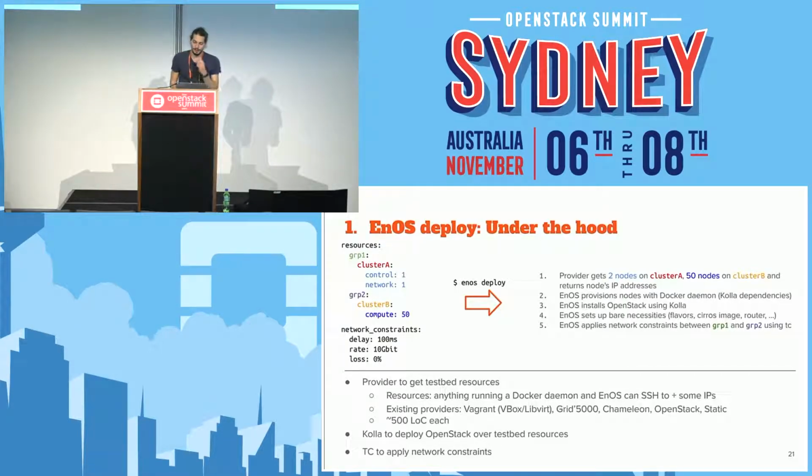A provider describes the internal mechanism that enables EnOS to get the 2 nodes here and the 50 nodes there. Providers return the list of the IP addresses of each node in order to be used for the next steps. After that, EnOS provisions those nodes with the Docker daemon and installs OpenStack using Kolla.